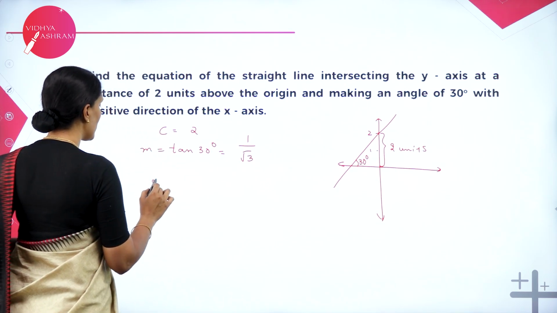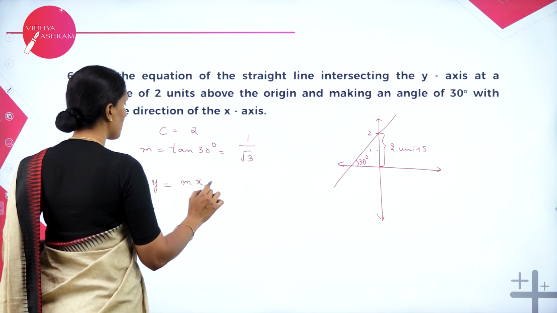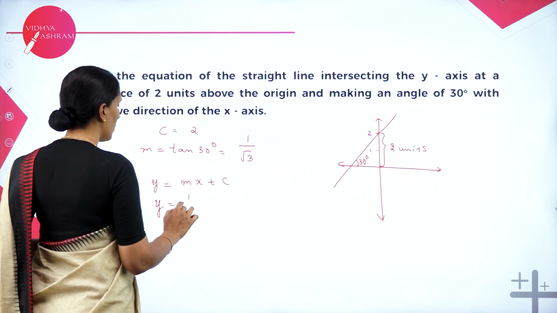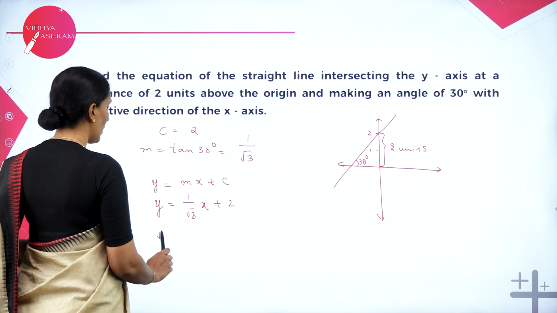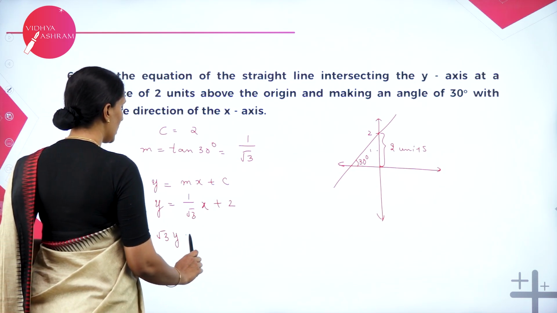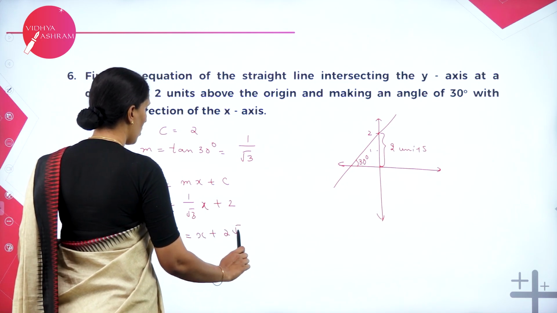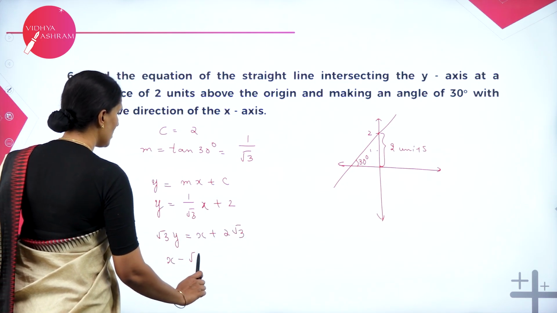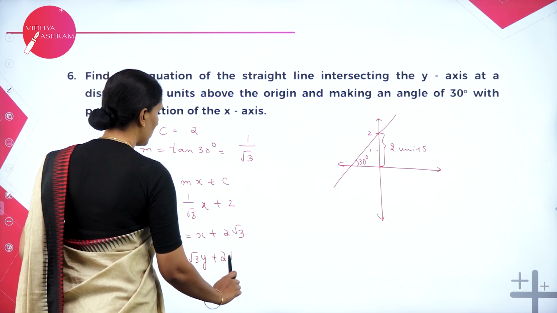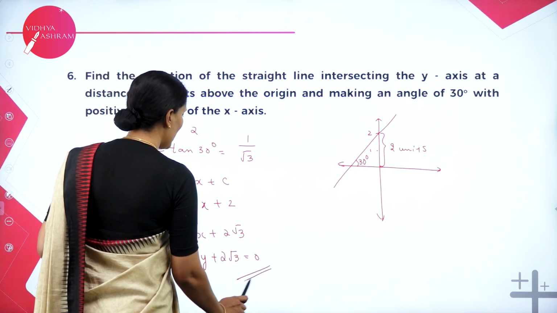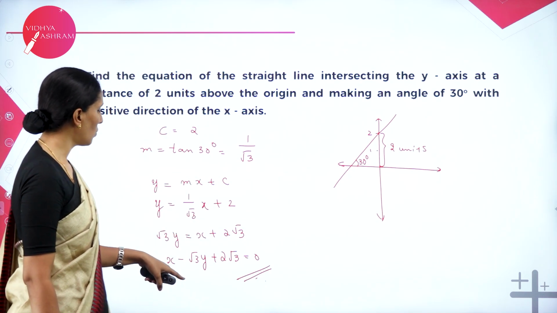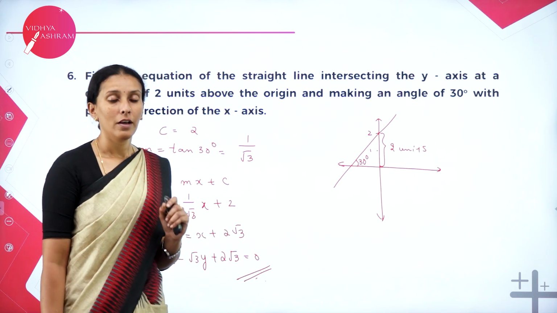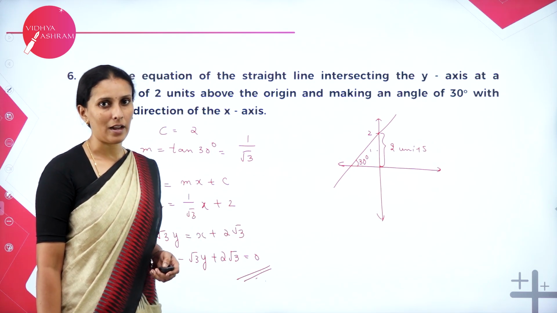So using the slope-intercept form, y = mx + c, y = (1/root 3)x + 2. Multiplying, we get root 3 y = x + 2 root 3, or we can write this as x - root 3 y + 2 root 3 = 0. So any form, reduce it into the linear equation form. Thus x - root 3 y + 2 root 3 = 0 will be the required equation of a straight line.